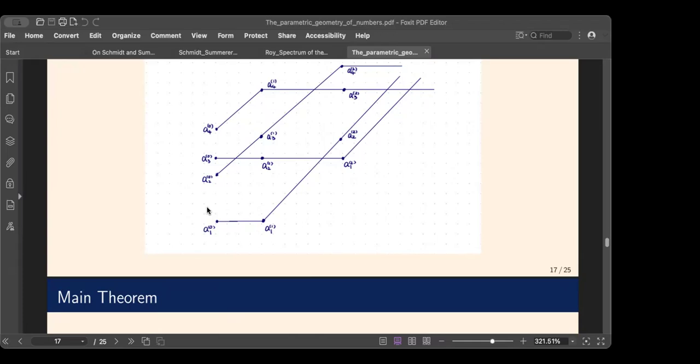I also want to mention that if this graph is not connected, then it can be divided into two connected parts. And a theorem given by Schmidt and Zumira says, if this graph can be divided into two parts, then we can construct a vector u in each part.